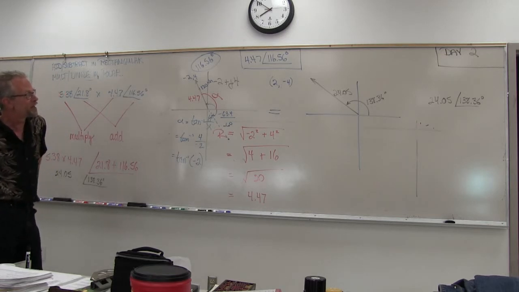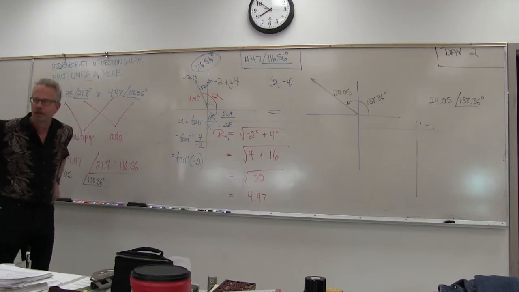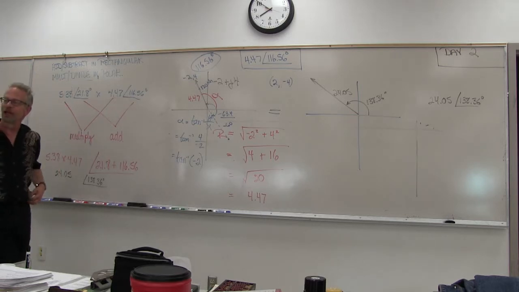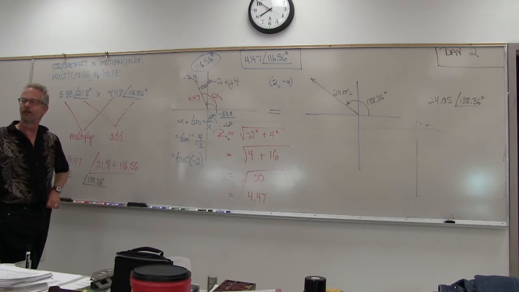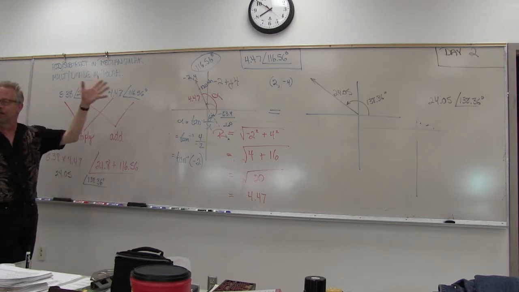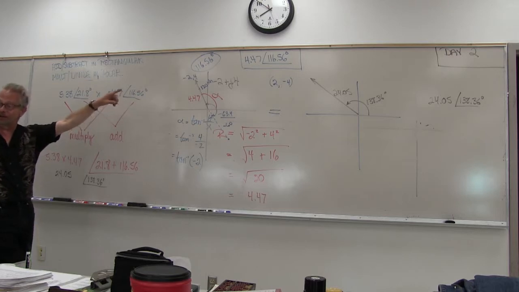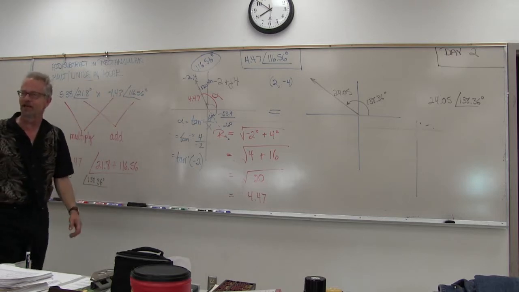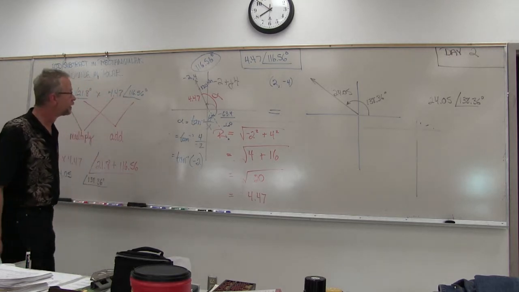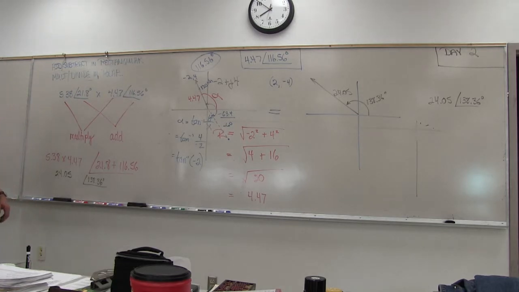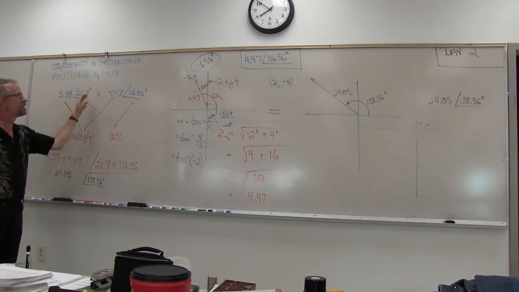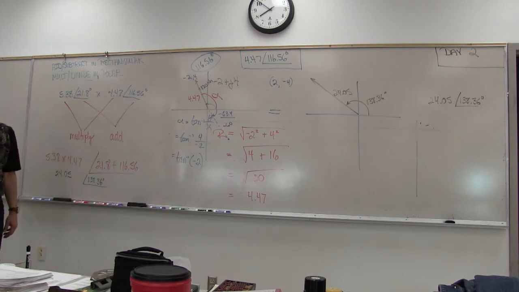Can't approximate what it's going to look like by looking at the variables and looking at the numbers like we could when we added them. We were able to actually physically draw the solution by drawing the two arrows head to tail. We can't do that with multiplication. Okay? The multiplication process is really quite simple once we have it in polar. All we have to do is multiply the coefficients and add the angles, and we're done.